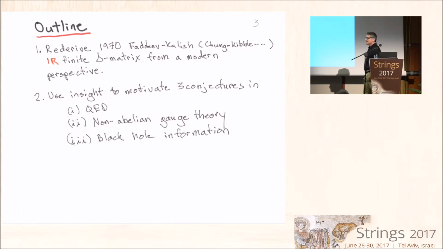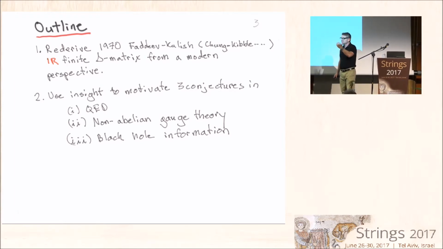So the outline is, I'm going to begin by starting from what seems to be a completely new viewpoint, but at the end of the day, I'm just going to recover, in a modern language, something that has been known since the 60s, culminating in a famous paper of Faddeev and Kulish about infrared finite S matrices in QED.